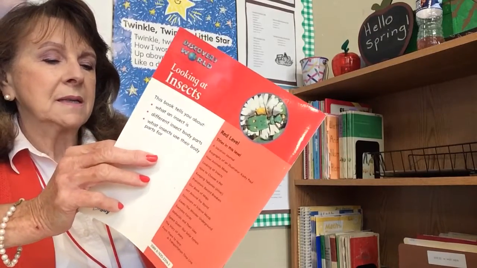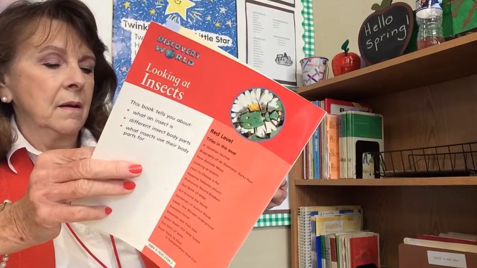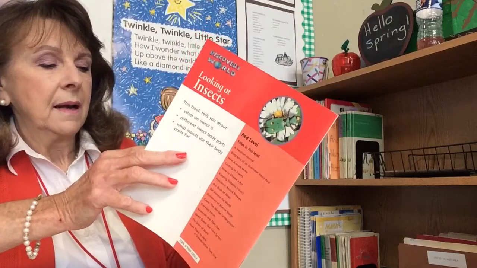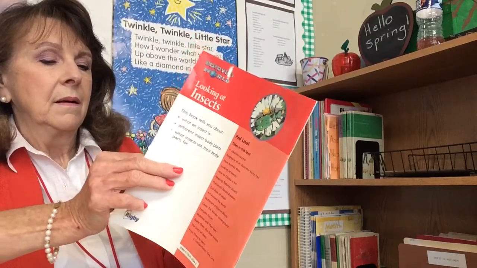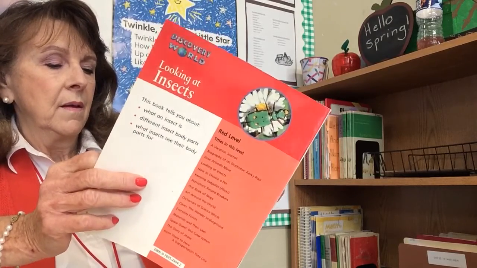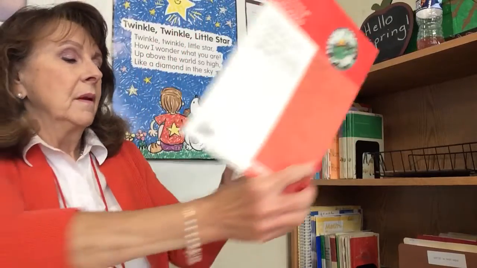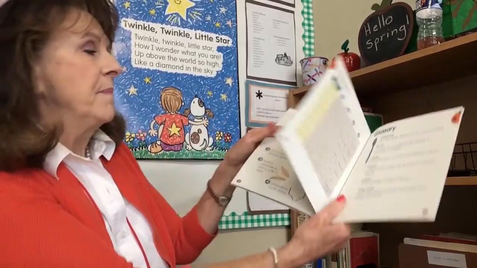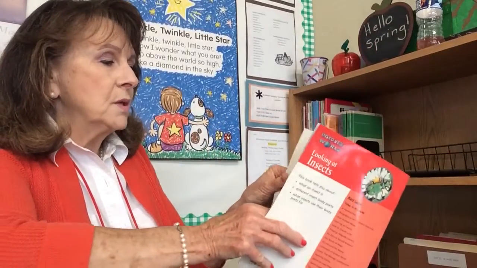Now I'm on page 16. That's a moth. Okay, and then the hairy antenna. That's a mosquito. Okay, so this is a mosquito, and then this one's a moth. Okay, let's go on to our next.